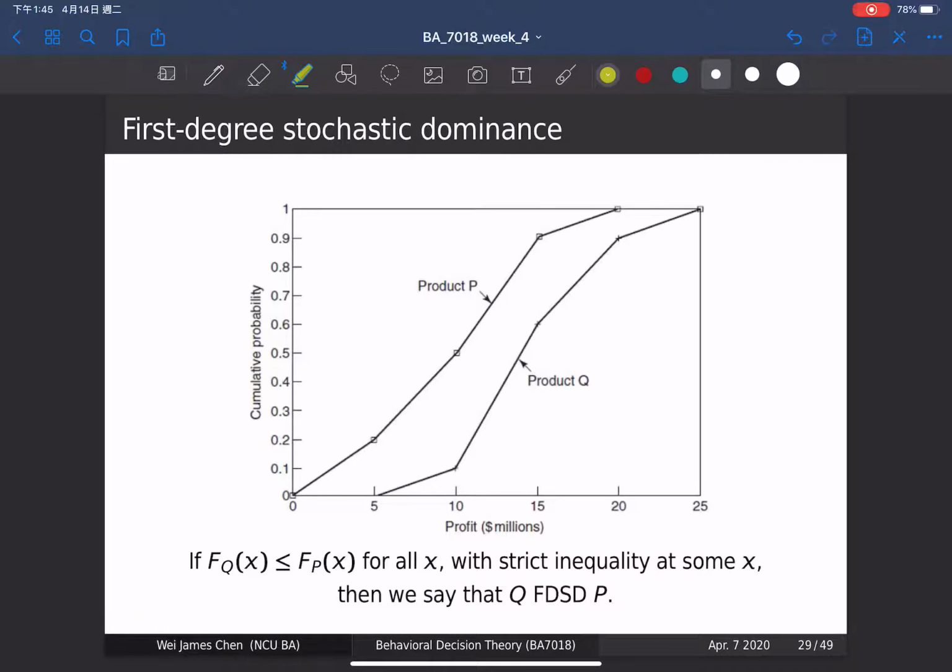What does that mean? Basically, the number you draw from these two distributions, one of the numbers must always be greater than the other.